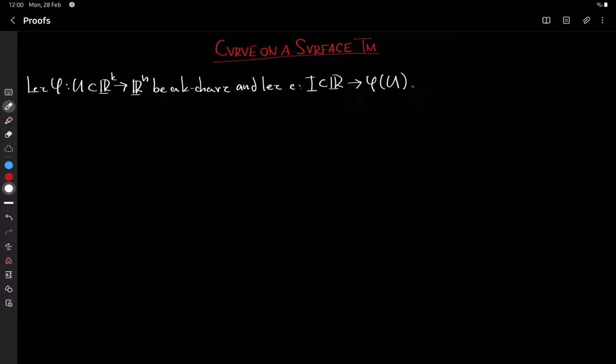In other words, or equivalently, C is a map from some real interval J into the image of phi, because of course this is the domain of phi as we have defined here.